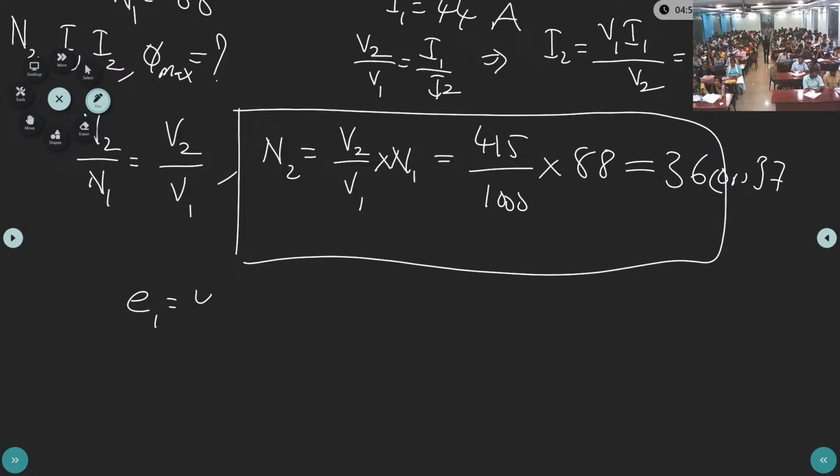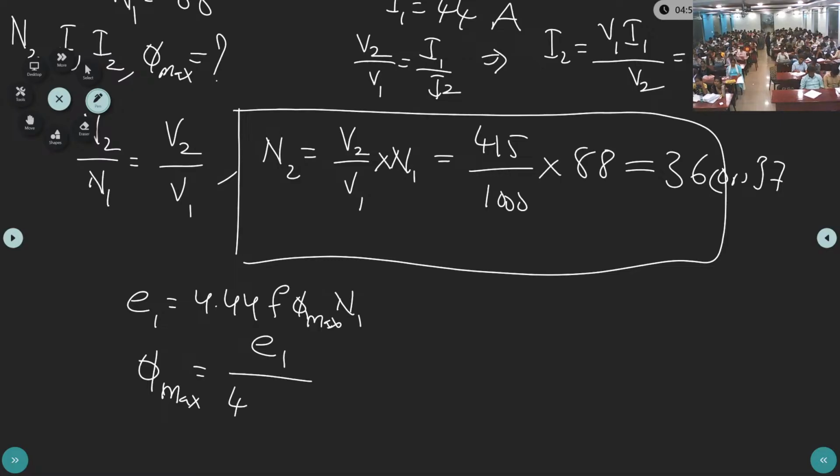E1 is equal to 4.44 F phi max N1. We require phi max, so phi max is equal to E1 by 4.44 F N1. E1 is nothing but V1.